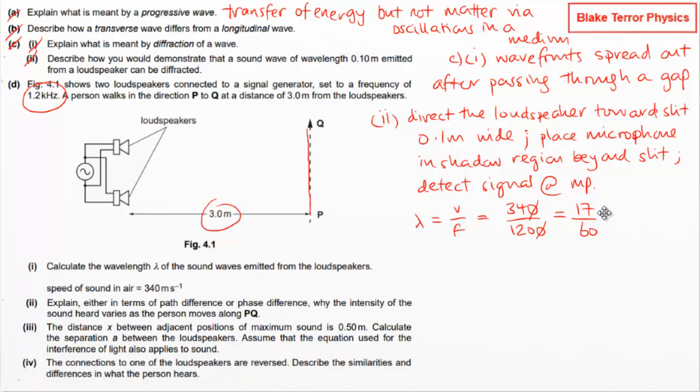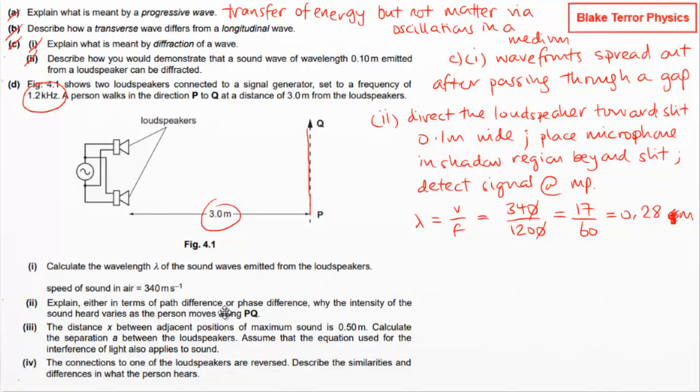So that's going to be 28.3. So it'll be 0.283. So 0.28 meters. I was thinking 28 centimeters, 0.28 meters. Right, so that's good. What have we got next?